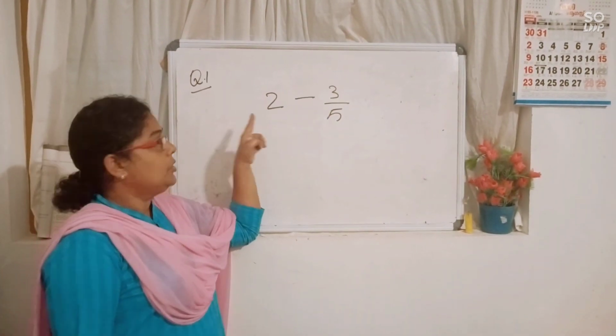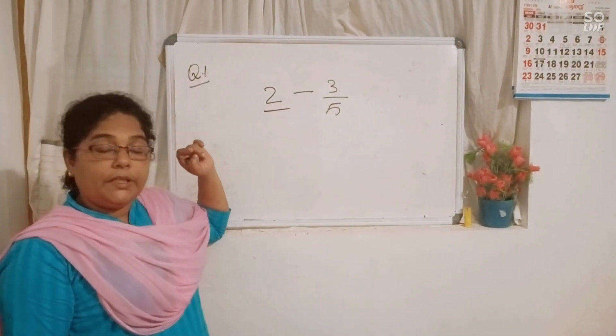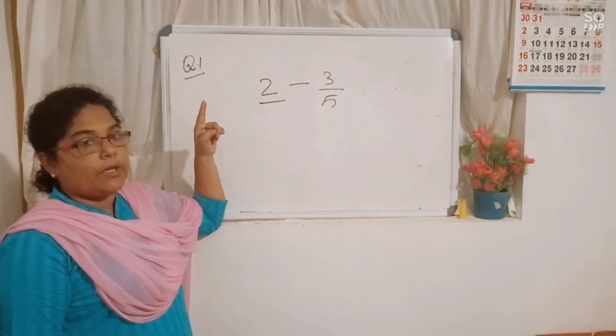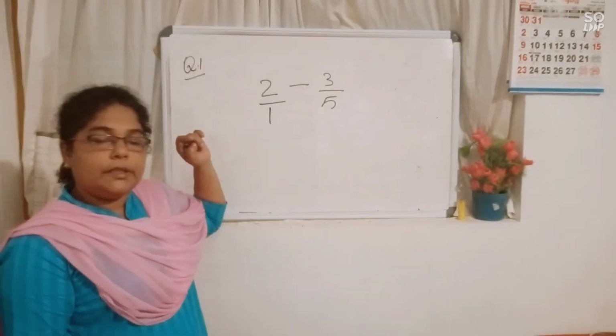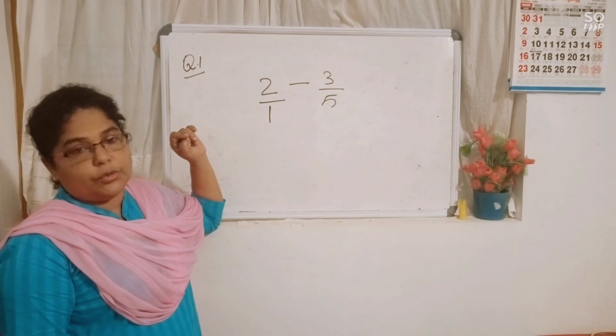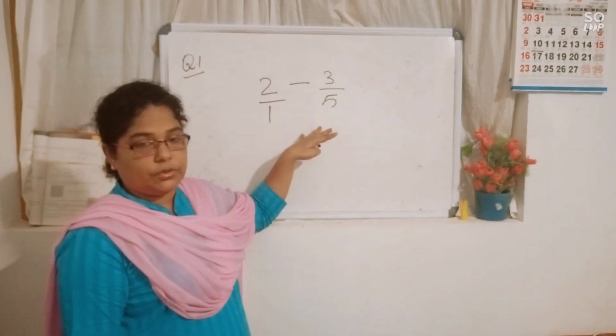Now, what is the denominator of 2? Every number has a denominator. I explained you before. What is the denominator? The denominator is 1. If the denominator is not given in the question, you have to write 1, 2 by 1. Okay, I hope you understood.